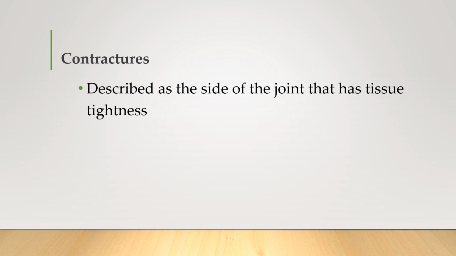So let's talk about contractures a little bit more here. Whenever we're trying to name a contracture or describe the contracture, we think about it as the side of the joint that has the tissue tightness. So what does that mean? Well, let's think about a flexion versus an extension contracture. Let's take the knee, for example.